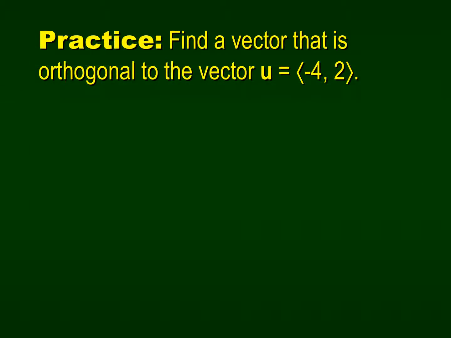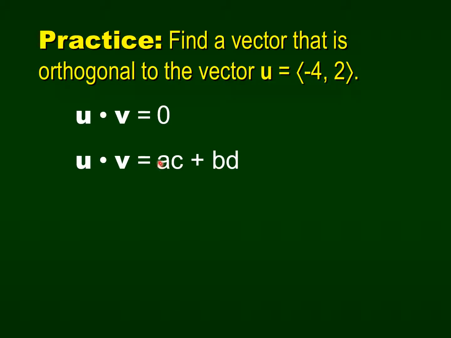Let's find a vector that is orthogonal to the vector u, and u is -4, 2. Okay, so we know that u dot v has to be 0, right? So remember, u dot v is a times c plus b times d. So the a and the b are -4 and 2, right?